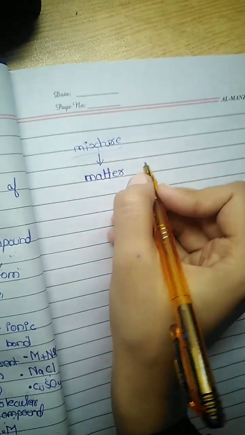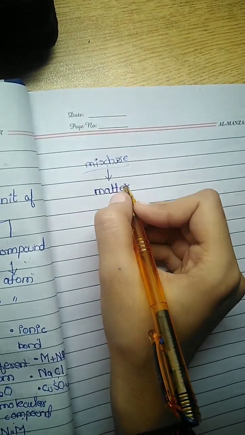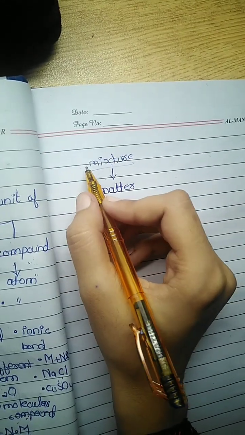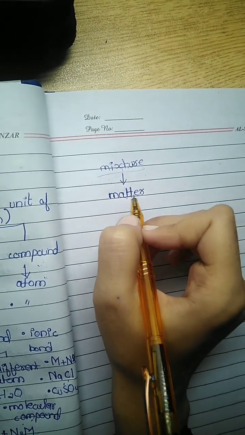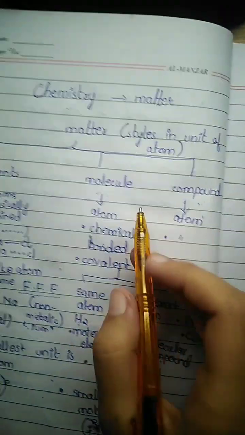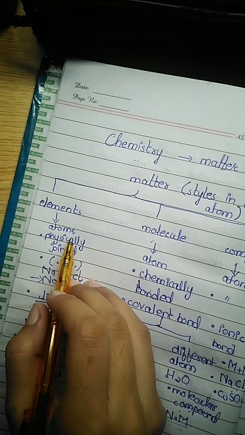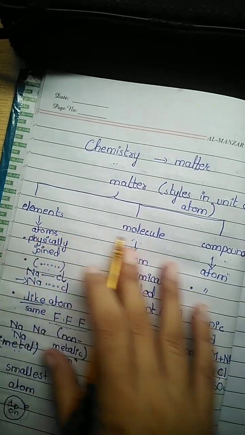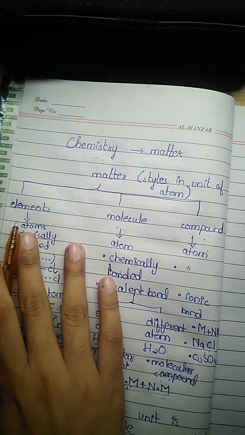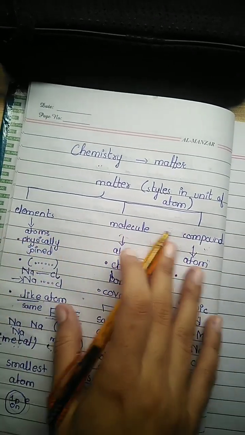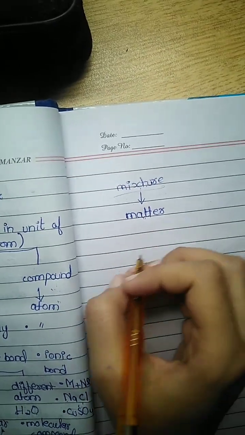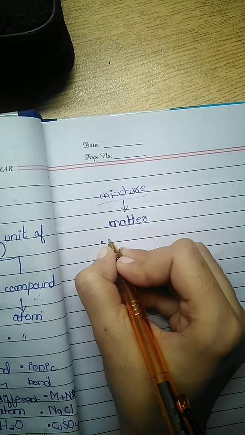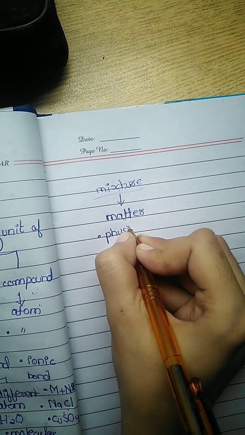Now I'm going to present a different theory about it: a mixture is made up of matter. Now what type of matter? Compounds, molecules, and elements. By joining these three things, we get a mixture. The first point is that a mixture is physically joined.